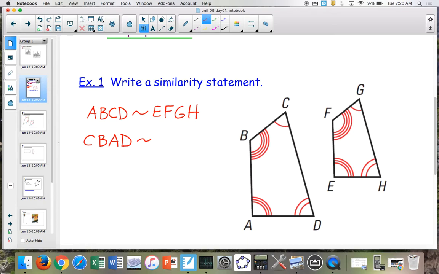So since I started with C, that matches up with G. So there's several ways that I can write the similarity statement, and it doesn't matter which way you like to start it, as long as the corresponding vertices match up.